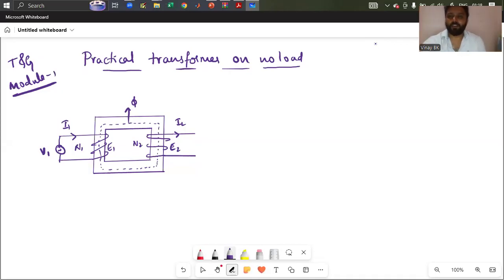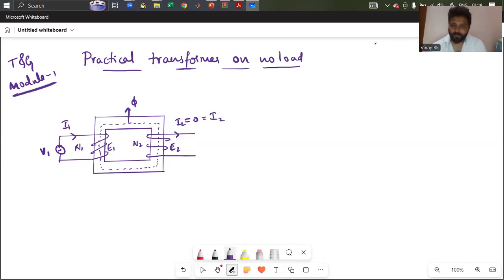The word transformer on no load means there is no load on the secondary side. So you can observe there is no load on the secondary winding, hence the current flowing to the load is 0. That is, I2 is 0. But there is a V2.